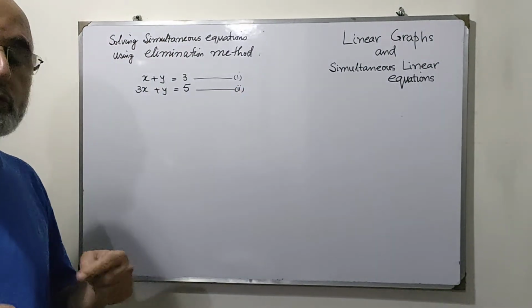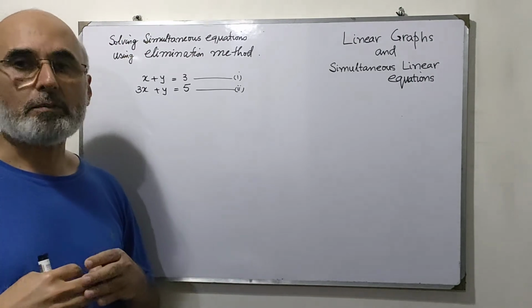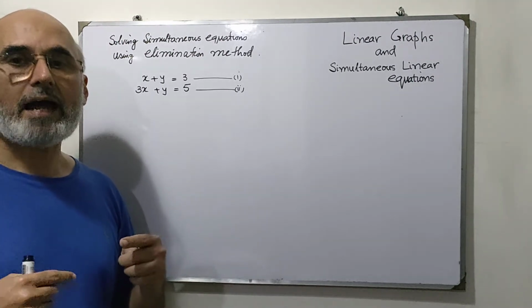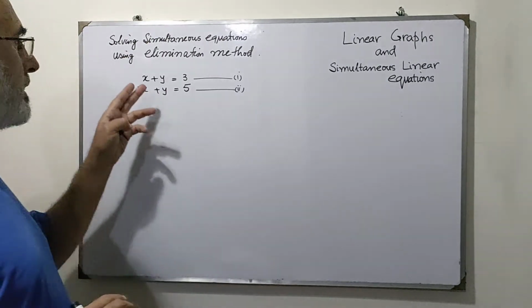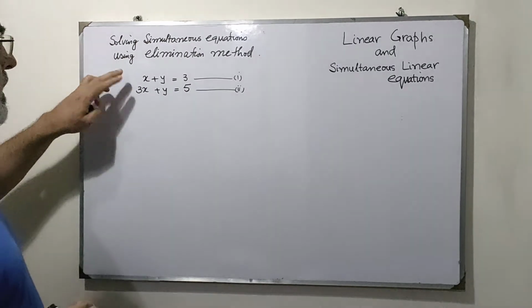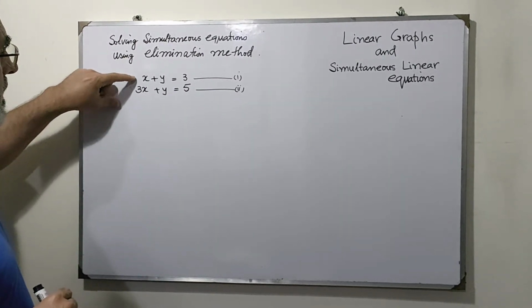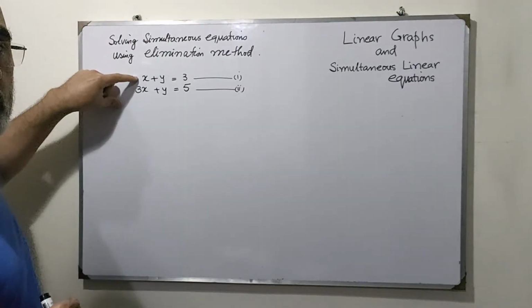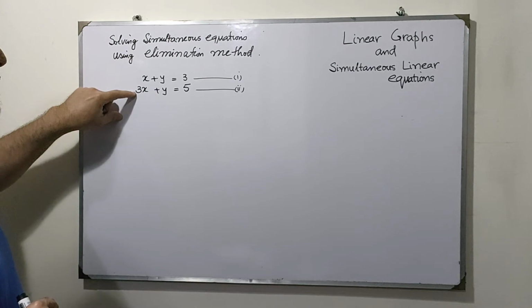So how do we eliminate the variables? We eliminate the variables by either adding the two equations or subtracting the two equations. In this case, the coefficient of x in the first equation is 1 and the coefficient of x in the second equation is 3.